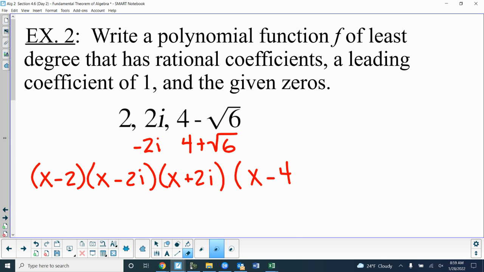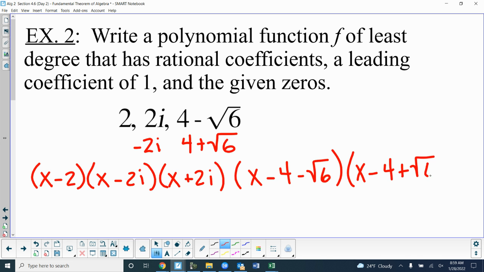So this one's going to have 3 terms when you add the x minus 4 minus the square root of x, and x minus 4 plus the square root of x. Or 6, I mean. Okay? So that's what it looks like when you get started for this type of problem. Any questions?